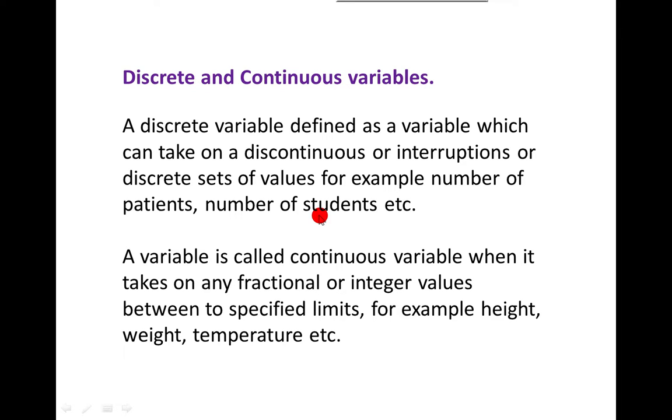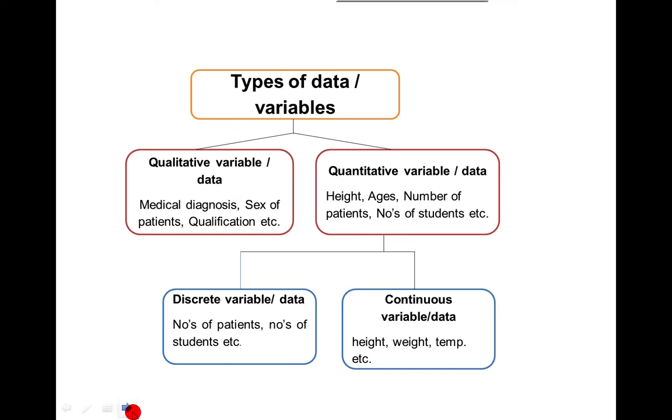So you can easily understand the types of variable and data with the help of this Venn diagram. The type of data or variable may be either qualitative or quantitative, and quantitative may be discrete or continuous. The qualitative variable I have already explained: medical diagnosis, sex of patients, qualification, designations, etc. Quantitative variables: height and ages are continuous because they increase or decrease continuously.